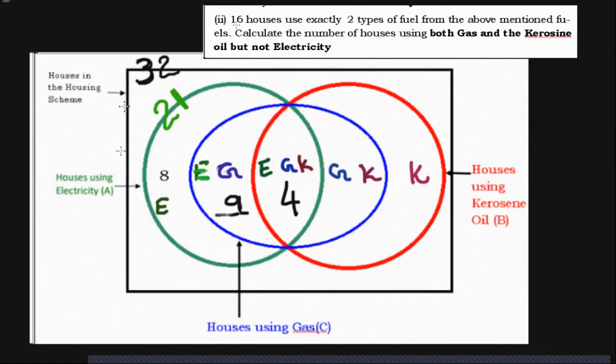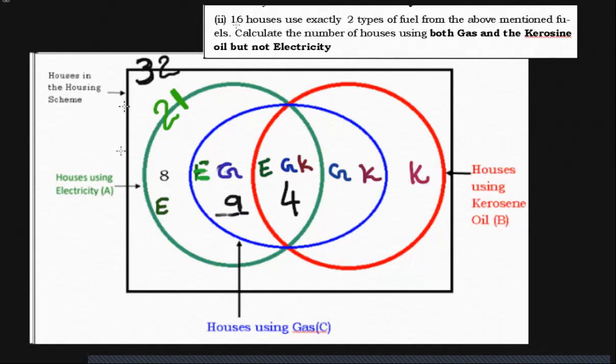All right. So let's look at Roman 2 now. What have they said? 16 houses use exactly two types of fuel from the above mentioned fuels. Calculate the number of houses using both gas and kerosene oil, but not electricity.